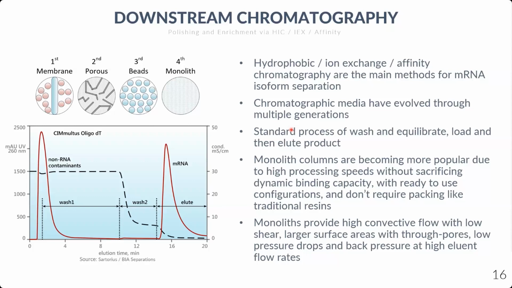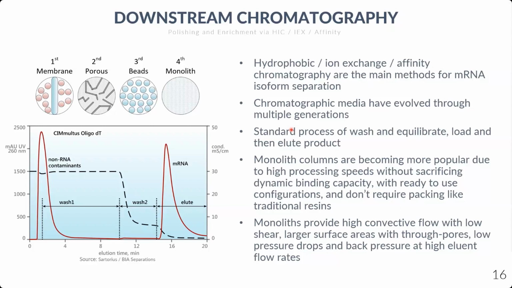And then since the back pressure situation was very much present with porous and bead-like supports, the monolith supports, since they're a little bit more like sponge-like structures, do provide higher convective flow because they're composed of these microchannels that allow you to flow your product through. And there's a lot less back pressure, and the application is certainly more low shear.